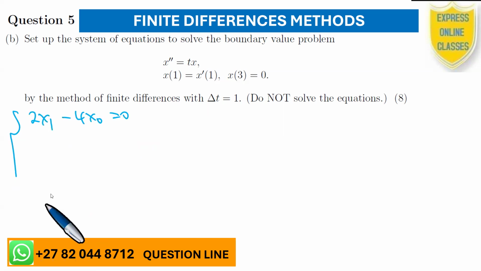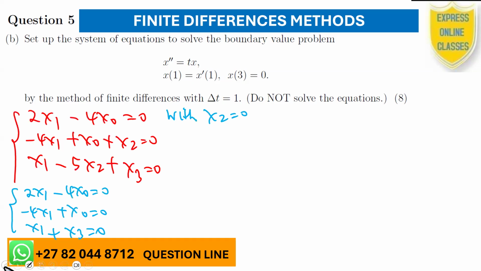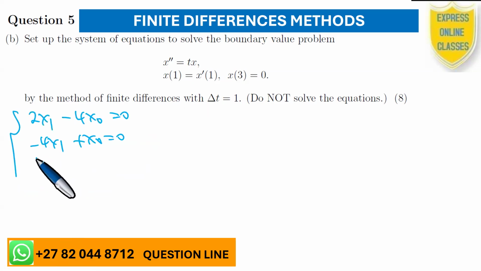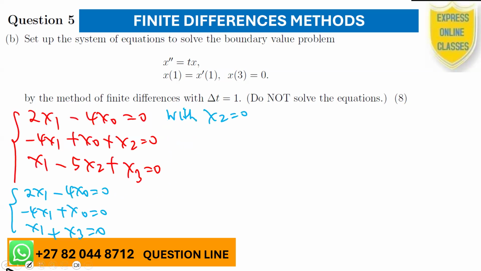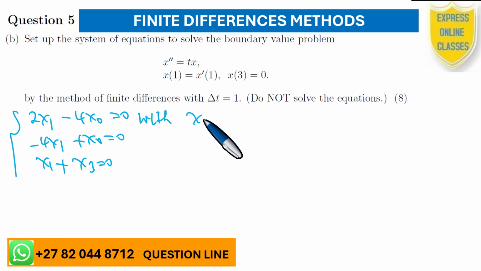And then we have minus 4x1 plus x0 plus x1, or x1 plus x3, with x2 equals 0.